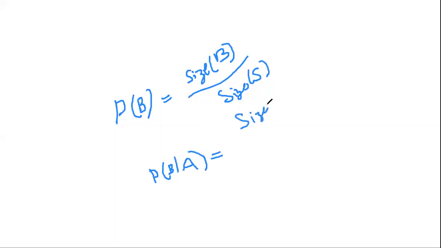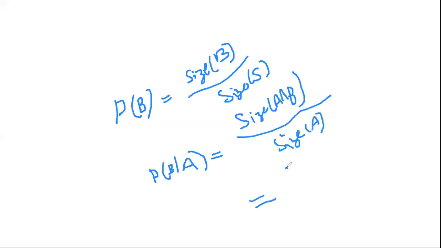The probability of B is only in the occurrence of part of A, that is the size of A. So size of A intersection B by size of S.